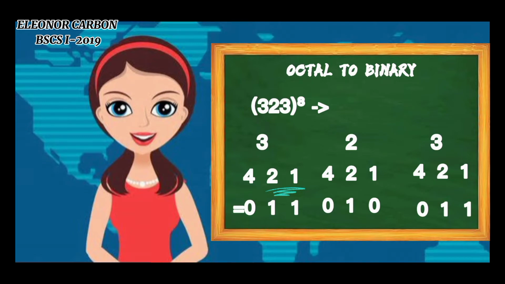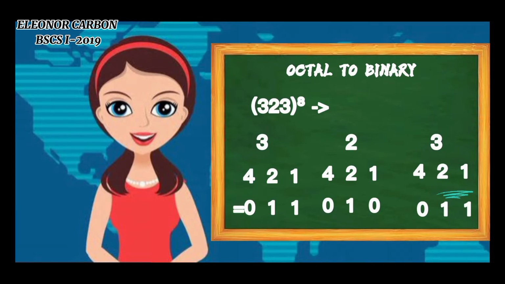Now, 2 is the sum of 2. Since we used the 2, replace natin siya sa 1, and di naman nagamit natin si 4 and 1, so replace natin siya into 0. And last, the sum of 3 is same lang siya sa naunang 3.